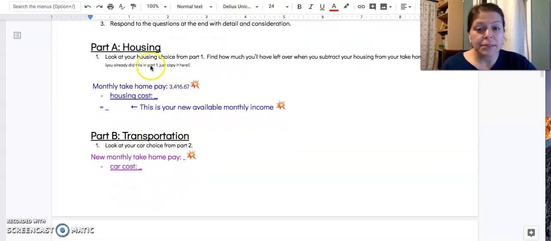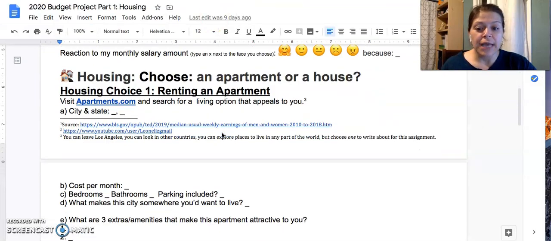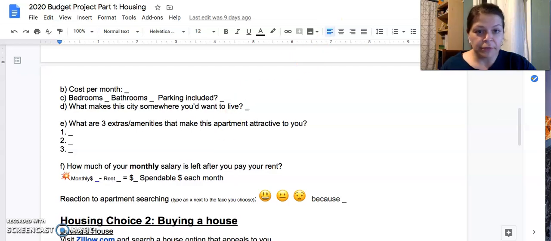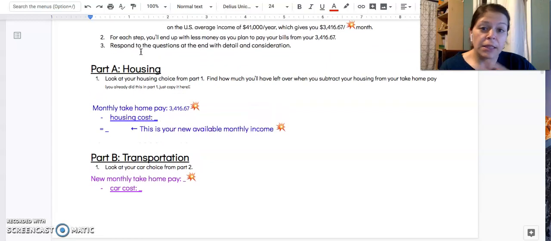Part A. This is from the one where you decided where you wanted to live. So part A, housing. Look at your housing choice from part 1. Find out how much you're left over when you subtract your housing from your take-home pay. This is already part of that handout, so just move the information over.